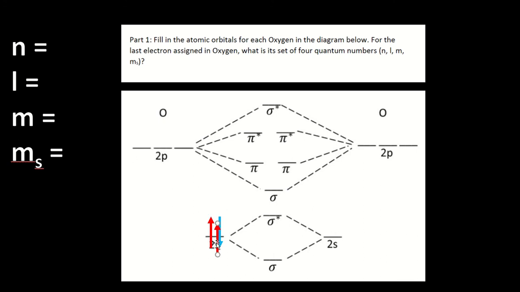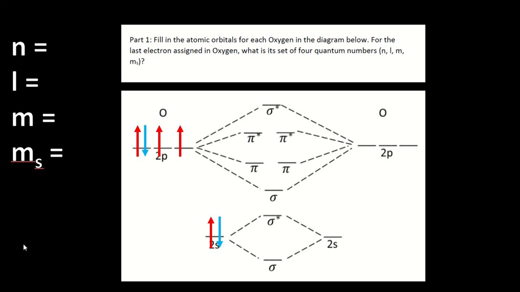Therefore, we're going to fill in each dash, each line, once with an up spin electron. And now that we've used 3 of our 4, we can start filling an orbital with a second electron, the second electron being spin downwards.